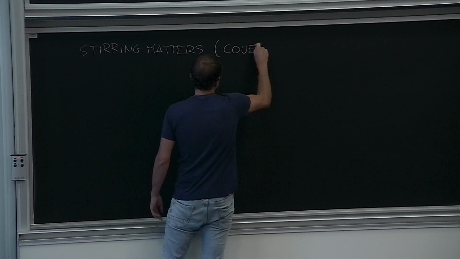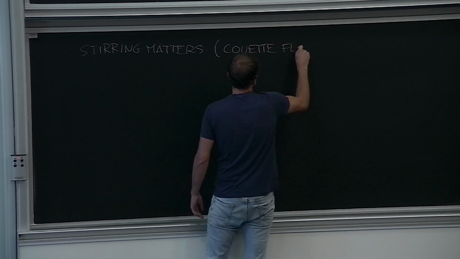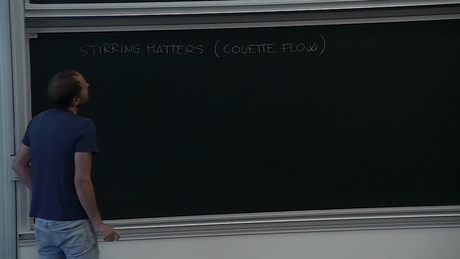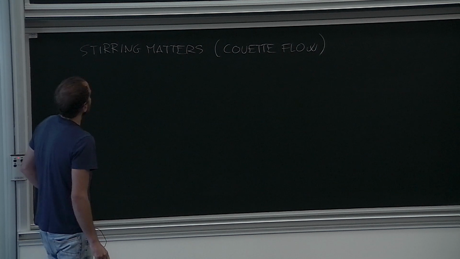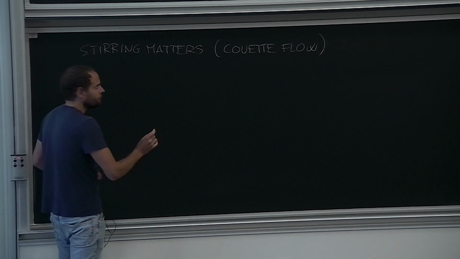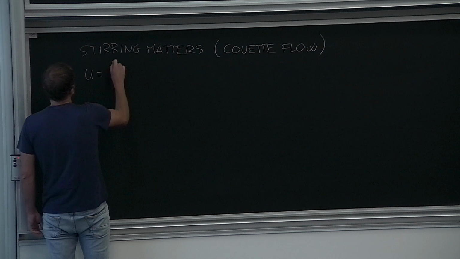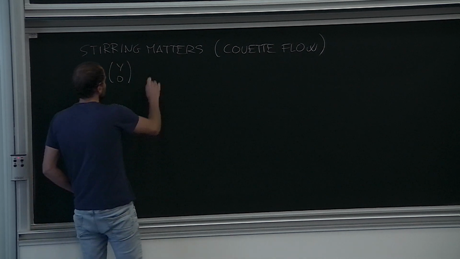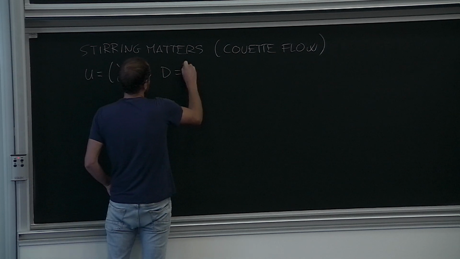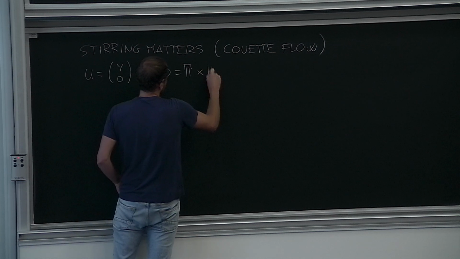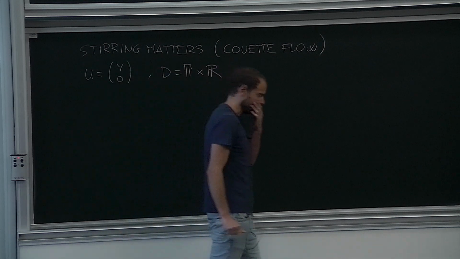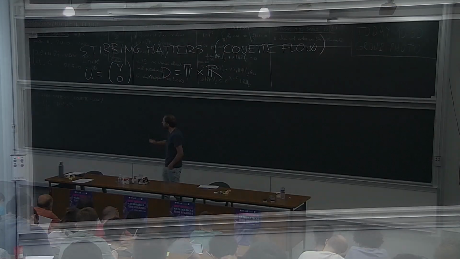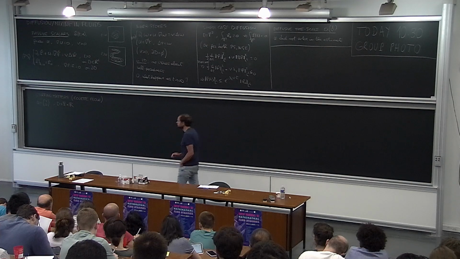We're just going to look at the Couette flow. Couette flow means that we're looking at this divergence-free field, (y, 0), and my domain is periodic in x and the whole space in y, because this will allow us to do a lot of computations.